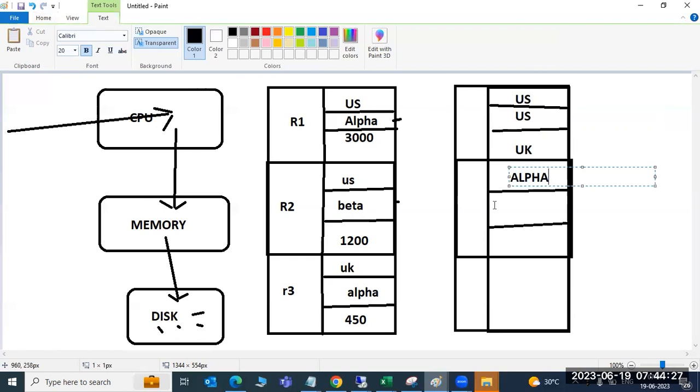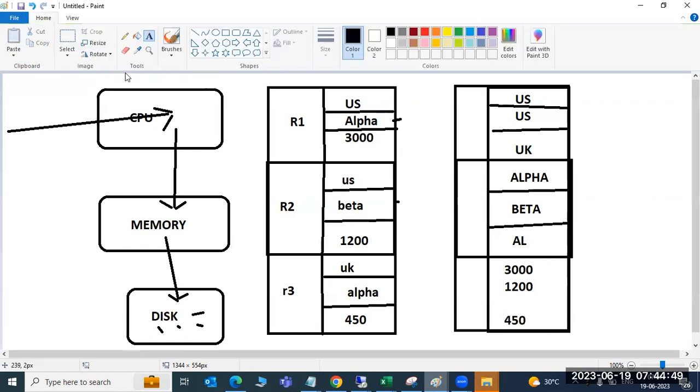Alpha, the next one is beta, the next one is maybe alpha. The next one is the price: maybe 3000, the next one is 1200, the next one is 450.